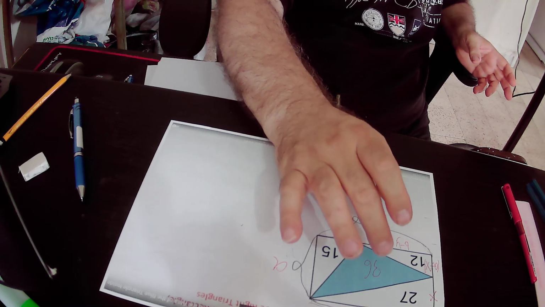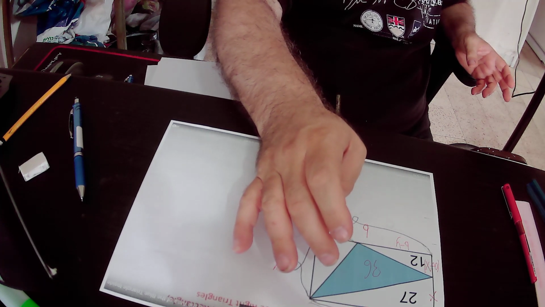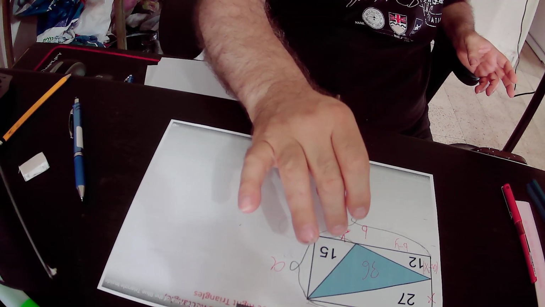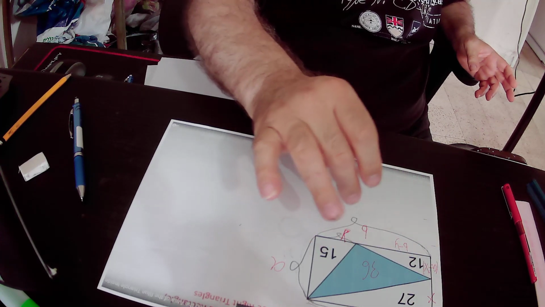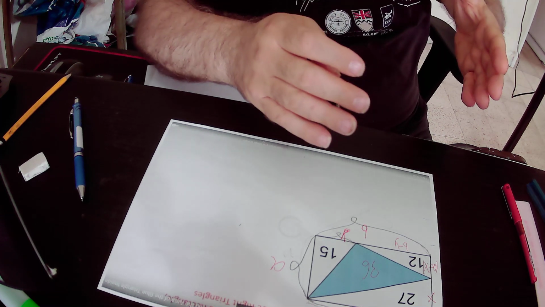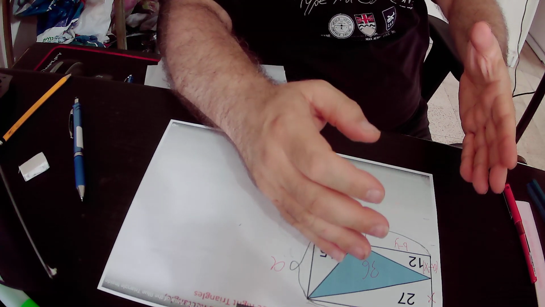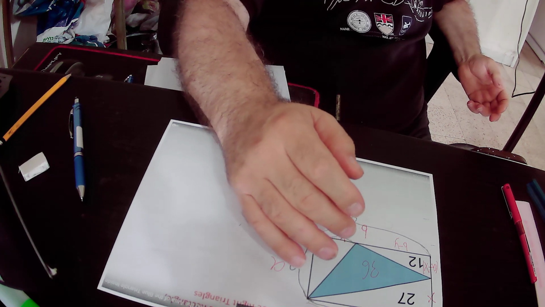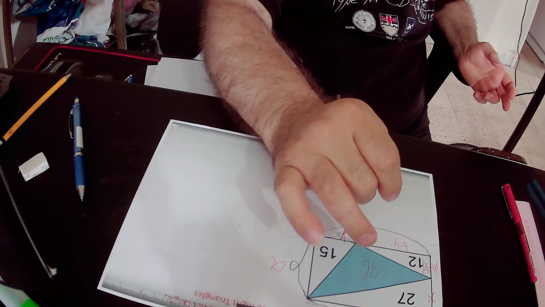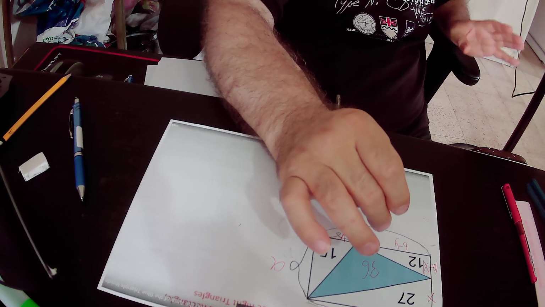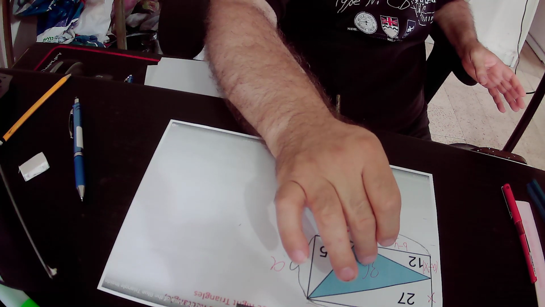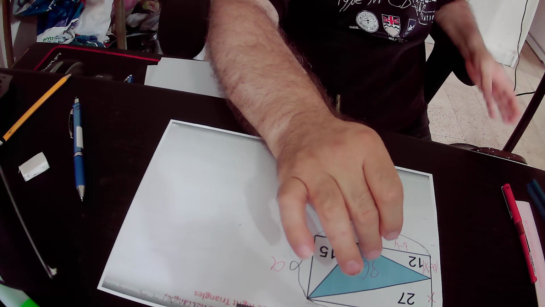So the area of the rectangle is 90 units, and when we subtract from this area the sum of the areas of the three right triangles, we get the area of this blue triangle. So we subtracted from the area of the rectangle, that is 90 units, the sum of the areas of the three right triangles, 54 units, and we got that the area of the blue triangle equals 36 units.